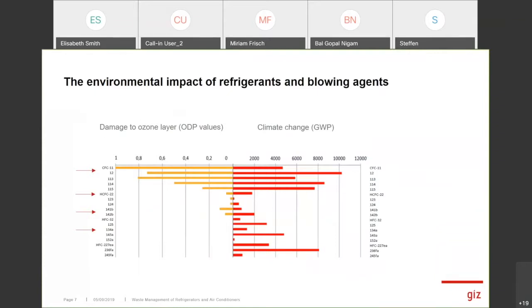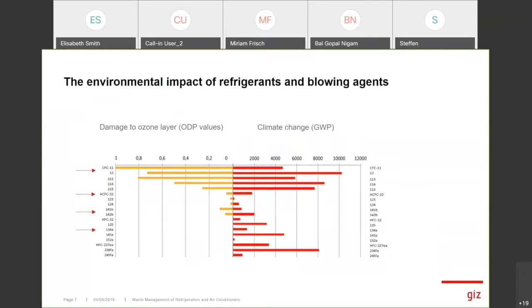On one side we have the refrigerants, in this case for appliances, in terms of refrigerators and air conditioners: CFC R12, HCFC R22, HFC R410A and R32, and for the foams CFC R11 and, for example, HCFC 141B.